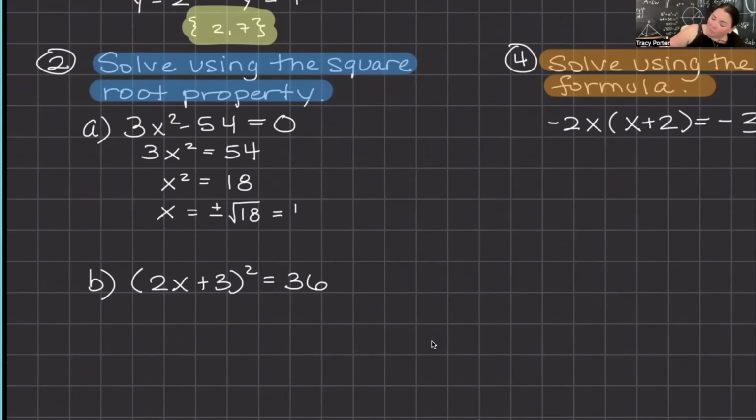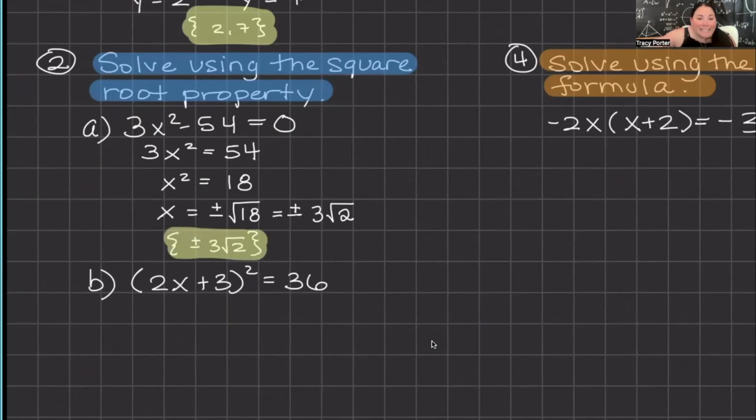And then simplifying that, we know that is going to be plus or minus 3 square root of 2. So it's actually two answers, right? The positive 3 square root of 2, and then also it could be the negative 3 square root of 2.